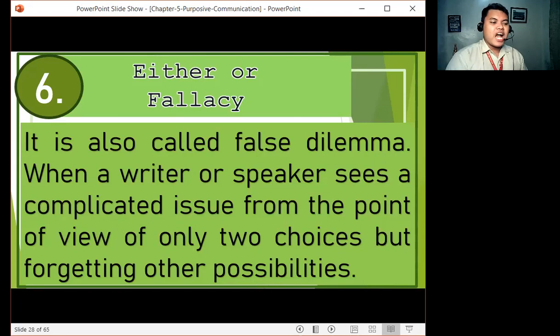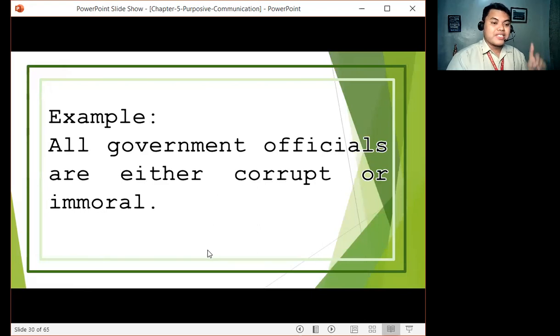Next is the either-or fallacy. It is called false dilemma. When a writer or speaker sees a complicated issue from the point of view of only two choices, but forgets other possibilities, you have to remember this. You are only pointing to two choices without considering other possibilities. Let's have an example for you to be able to understand.